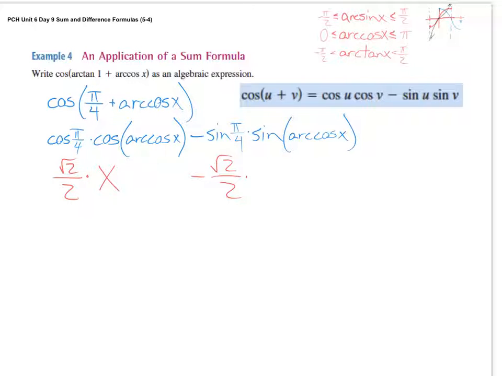So we now have root 2 over 2 times x minus root 2 over 2 times... Wait, where'd you get the x from? Did you cancel it right here, the cosine of the arc cosine? I thought you said that cancels out. No, hang on. What I said we're not doing is multiplying.